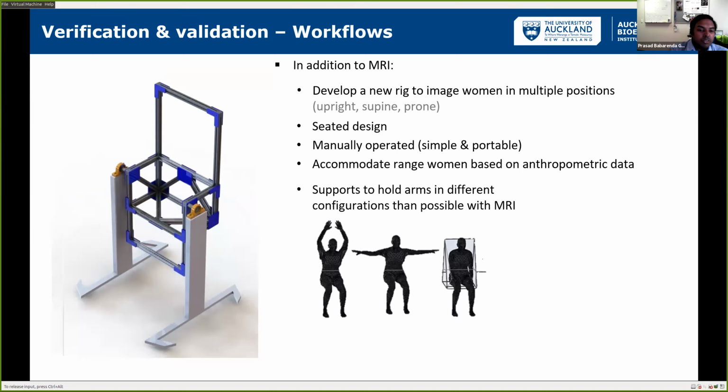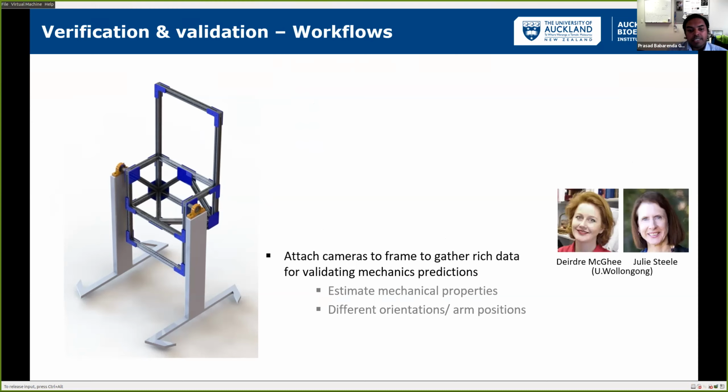The idea here is to put someone in these seats and hold their arms in different configurations, more than what is possible in MRI, so we can really validate our techniques, albeit only at the skin surface, but there are ways we can start addressing that with other imaging modalities, such as ultrasound imaging. So as I said, we can attach cameras to the frame and gather rich data for validating our mechanics predictions.